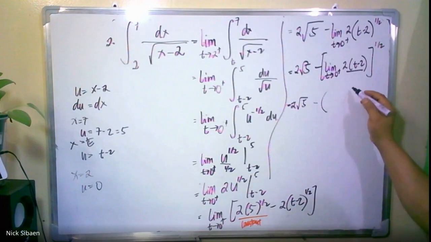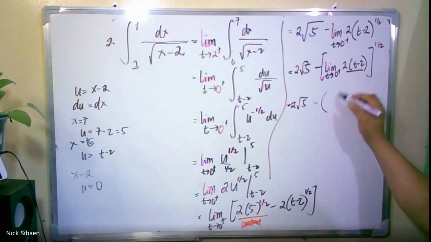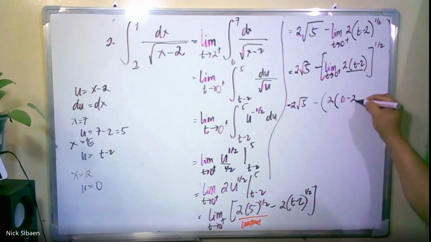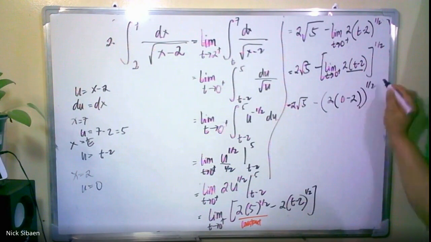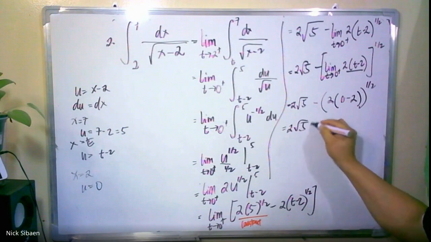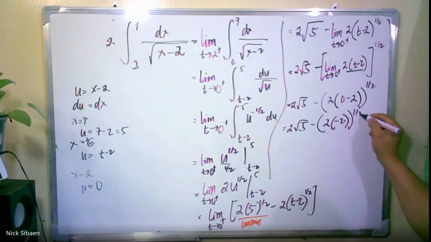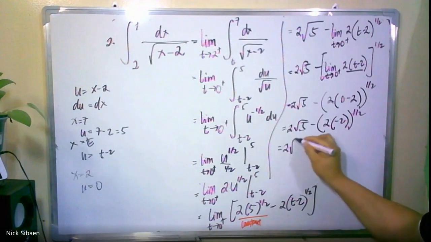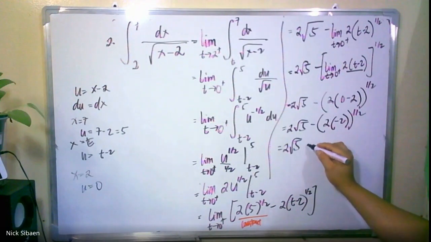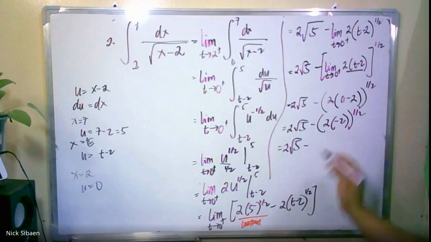Negative 2 times 0 minus 2, 1 half. 2 square root of 5 minus 2 times negative 2, 1 half. 2 square root of 5 minus, magkakaroon tayo ng imaginary number.